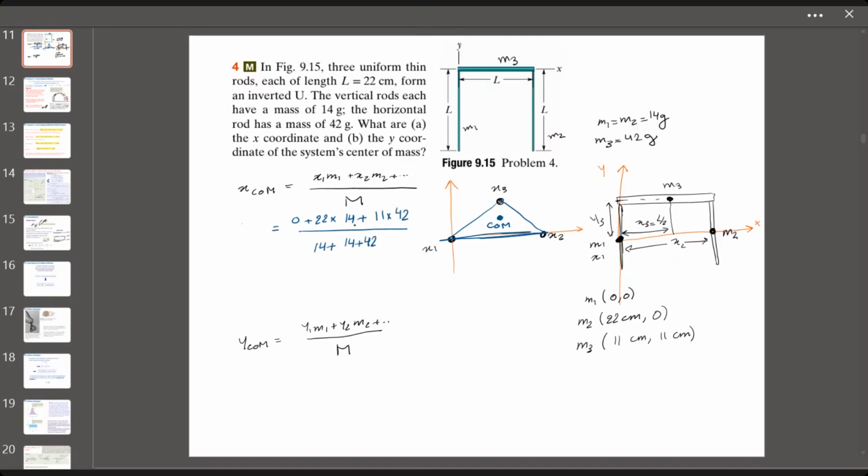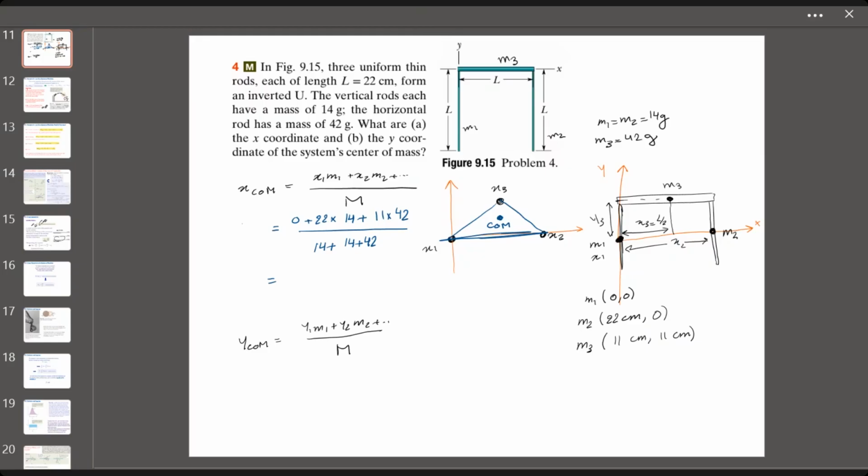So I left the masses in grams because the units will cancel out between the numerator and the denominator, so that's fine. I don't have to worry about the conversion. And I left x1 and x2 in centimeters because I could just get the coordinates in centimeters for the whole arrangement as well. So the center of mass I get will also be in centimeters.